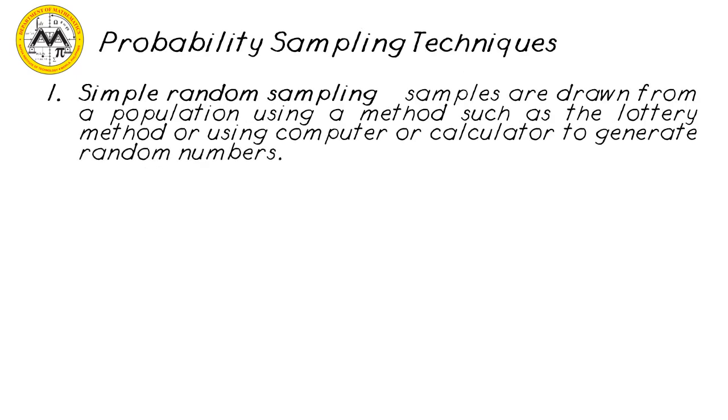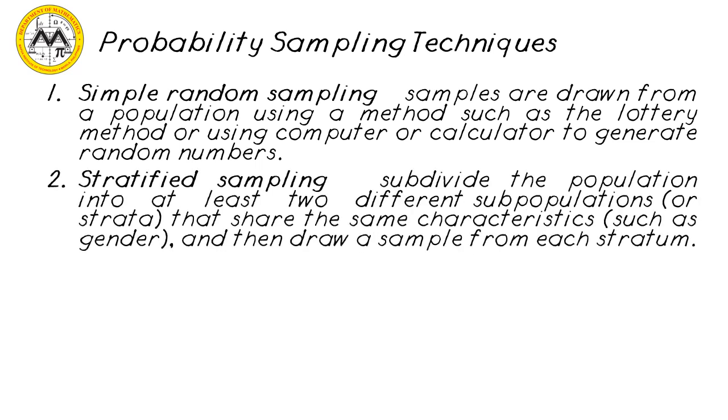So for the different random sampling techniques, the first one is the simple random sample. For simple random sampling, samples are drawn from a population using a method such as lottery, or computer or calculator generated random numbers.